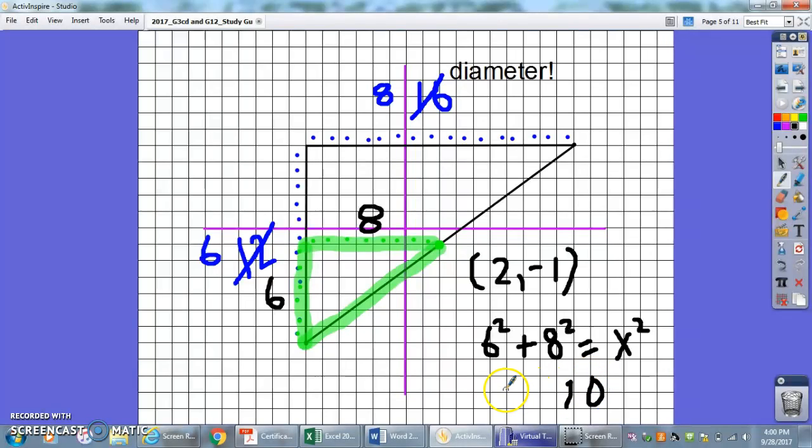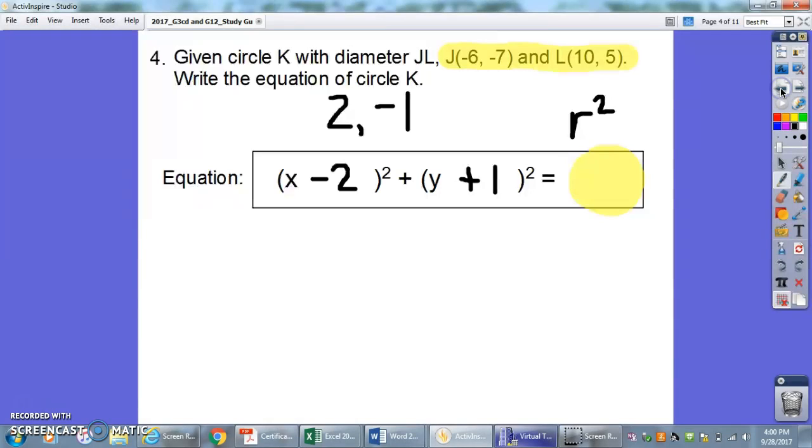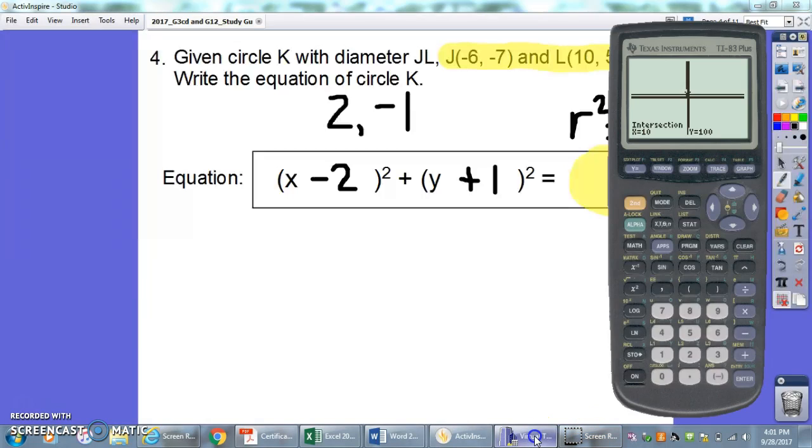Cool. So we are ready for this part. Our radius was 10, right? 10 squared. Then what does that equal? Back to my calculator. It is 100.